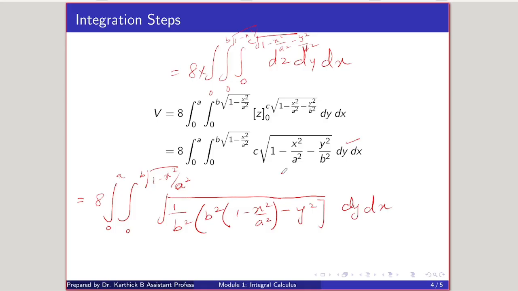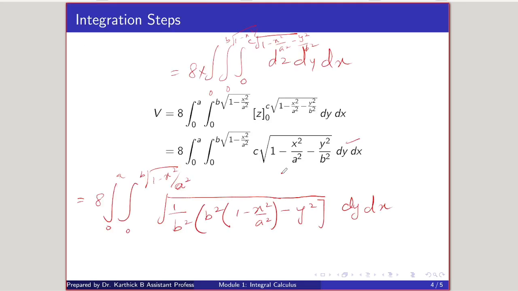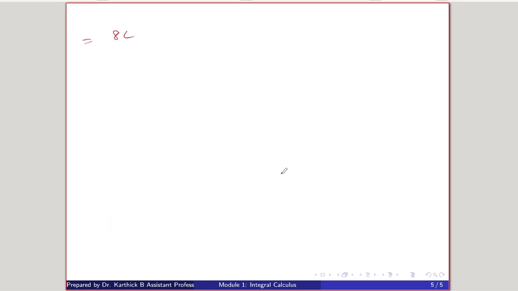On the next step, I take the constants outside, so it will be 8c by b.